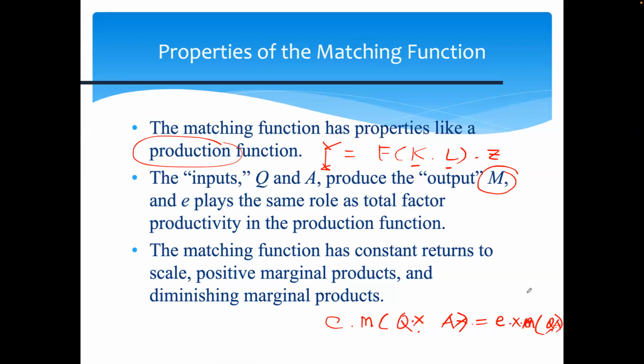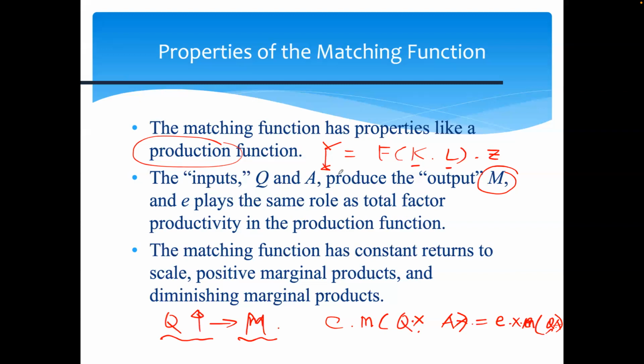Lastly, but not least, you have a diminishing marginal product. Meaning, yes, more Q is going to increase the total match, but the marginal benefit of raising Q on the increase in M is going to decline.